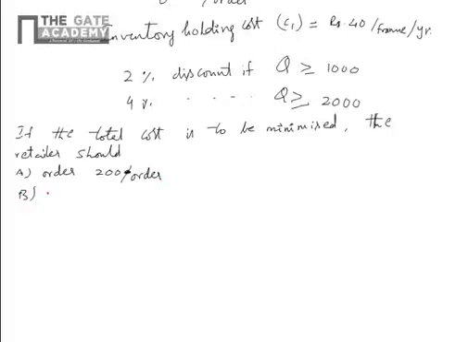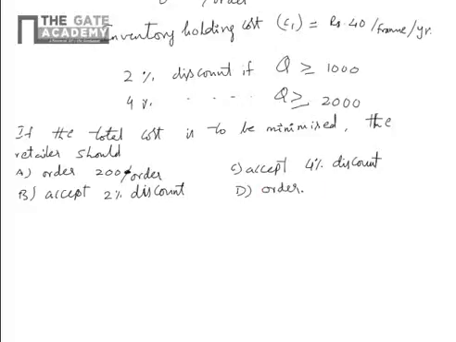B, accept 2% discount. C, accept 4% discount. D, order economic order quantity.